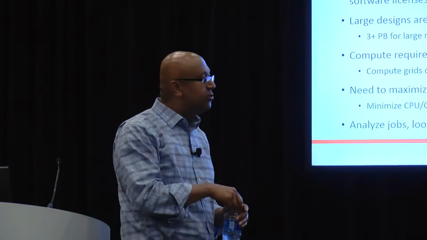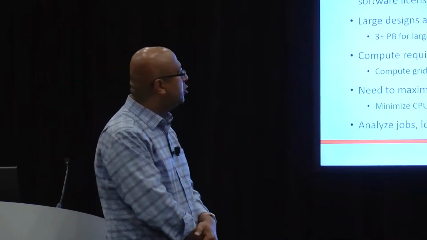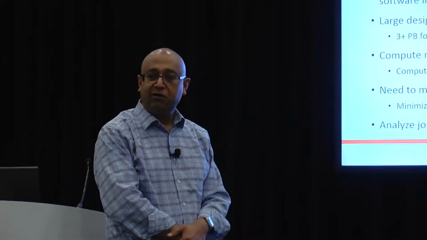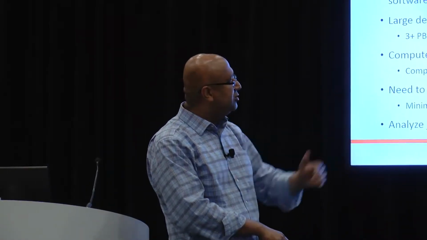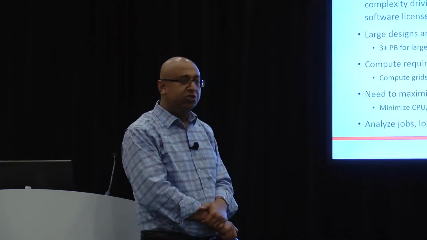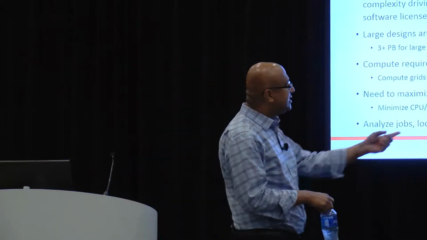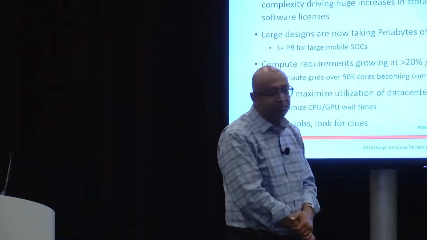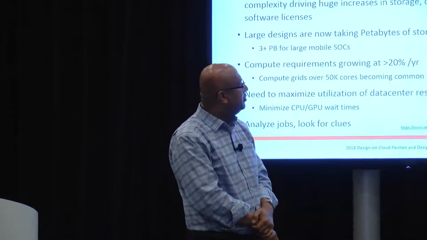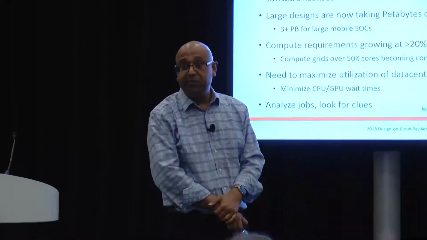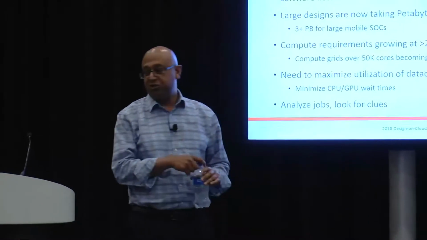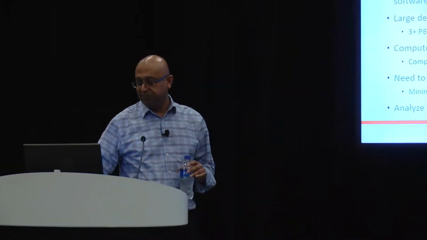I found this interesting graph from Intel talking about what they are doing in their engineering compute environment. It shows the growth of their compute and storage over the years. As you can see, they're growing storage at about 50% and compute at 20%. In 2016, they were north of 1 million cores in their data center, which is a pretty staggering number.